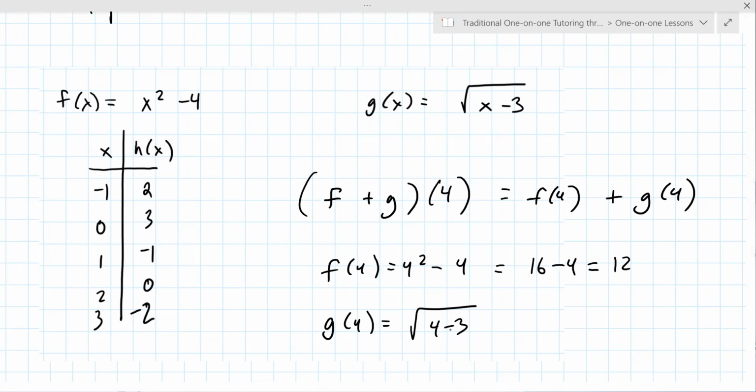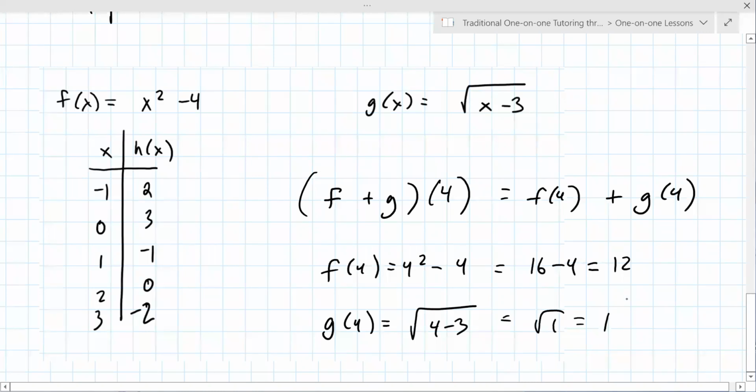So it would be the square root of 1, which is 1. And so you add those together. It would be 13.